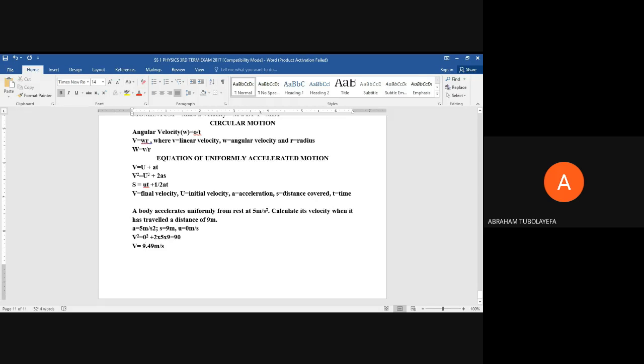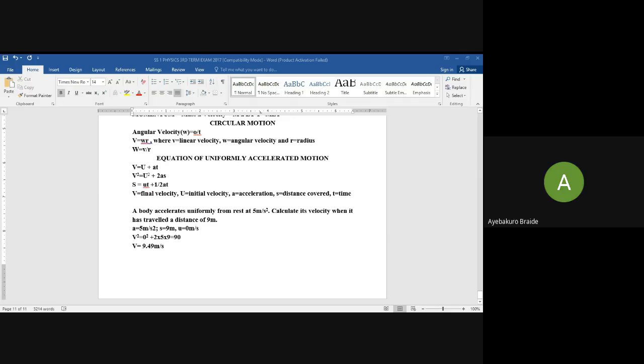Whenever you see rest in any question, just know that the initial velocity of that body was 0, unless you are told that a body accelerates from a velocity of so and so.